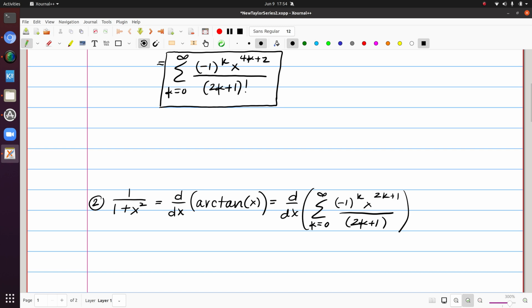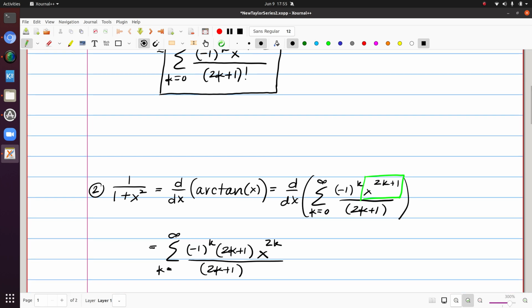And what I want to focus on is that we said that we simply need to differentiate the part that involves x within that sum. So doing so, leave that there, we're going to have negative 1 to the k, and of course I still have my 2k plus 1 in the bottom. When I take the derivative of x to the 2k plus 1, that brings down a 2k plus 1 and leaves me now with x to the 2k. And let me pause for a moment and look at what we can say about where this starts.